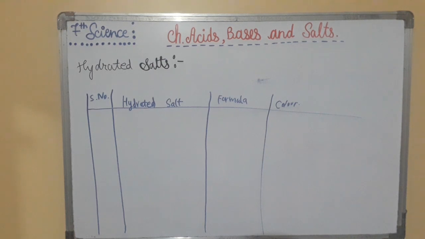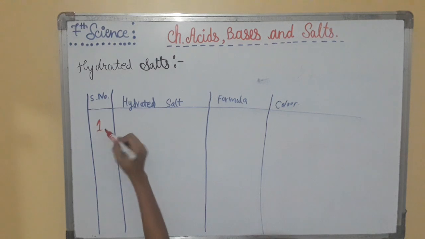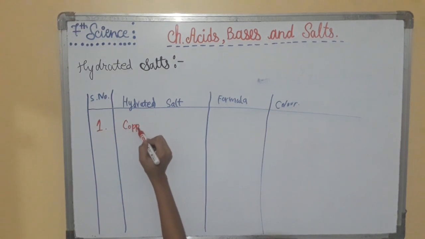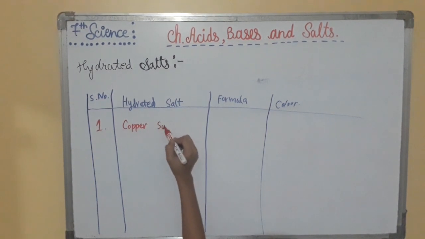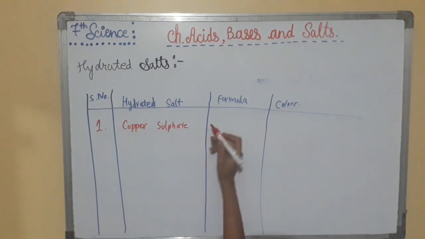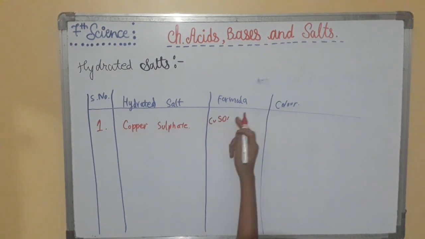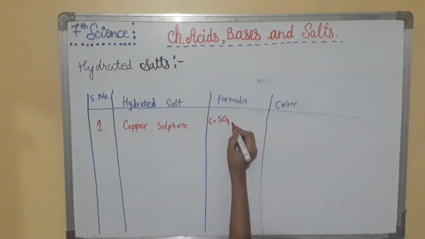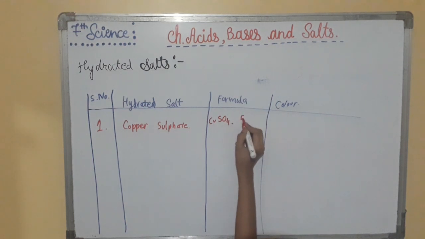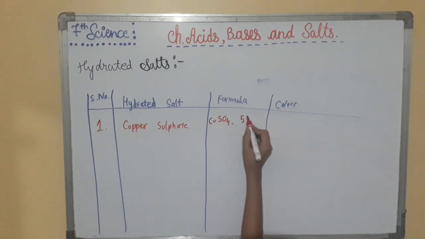First hydrated salt is copper sulfate. Formula is CuSO4.5H2O, and color is blue.